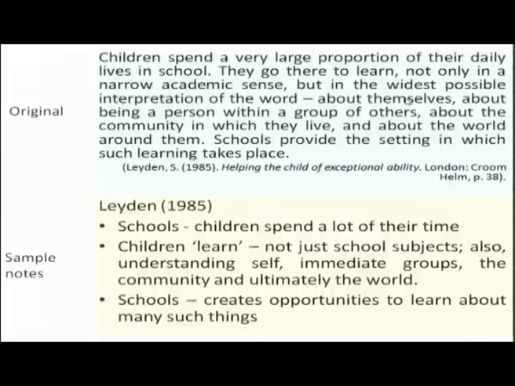Then about themselves, about being a person within a group of others, and so on. This has been paraphrased in this way. Also understanding self, immediate groups, the community, and ultimately the world. Then schools provide the setting in which such learning takes place. This has been paraphrased like this: schools create opportunities to learn about many such things.